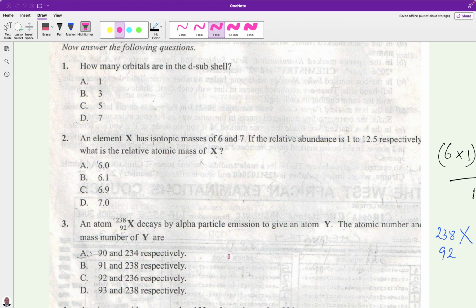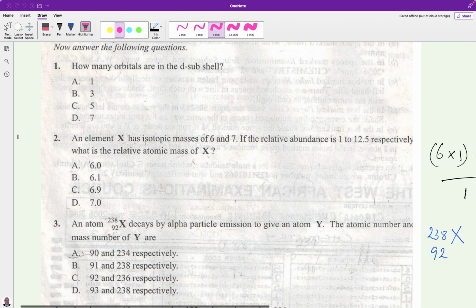How many orbitals are in the D subshell? The options are 1, 3, 5, and 7.